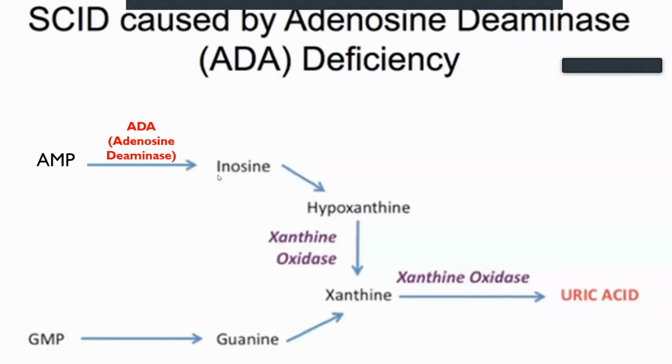So if AMP to inosine conversion is not happening, then we will see severe combined immunodeficiency, which is the enzyme ADA, also known as adenosine deaminase.